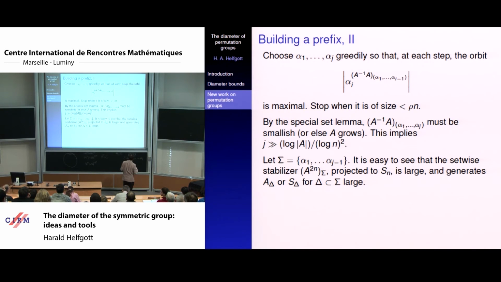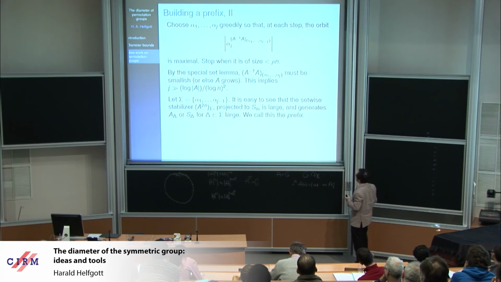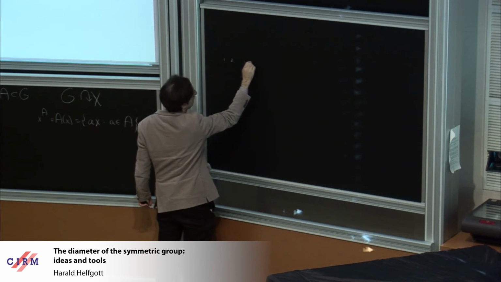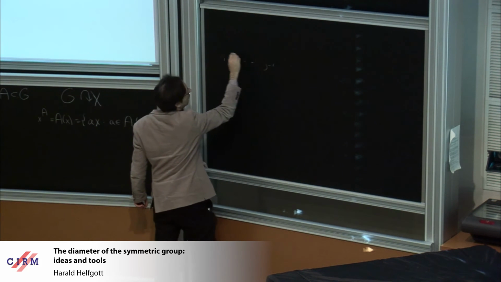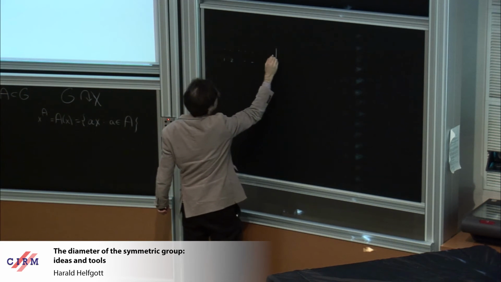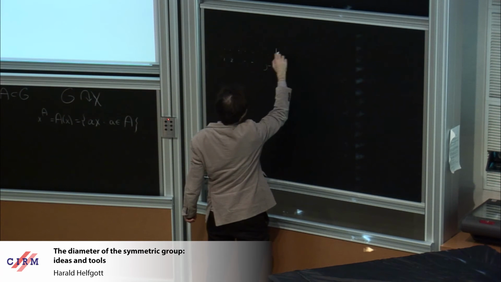And for this, just to be clear, it's completely irrelevant, but you can reorder your things so that alpha 1, alpha 2, up to alpha j minus 1 are 1 to j minus 1, because then I can actually draw things on the board. This is what's called the prefix and the suffix. So you're going to have these things. And you have that the pointwise stabilizer here is a long chain. And the pointwise stabilizer here is sort of smallish.